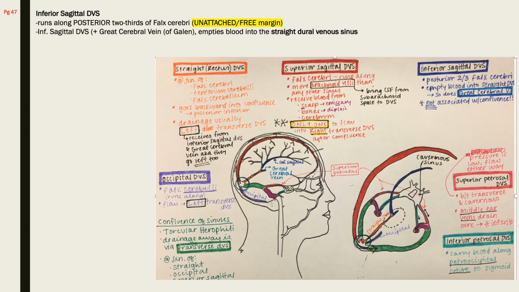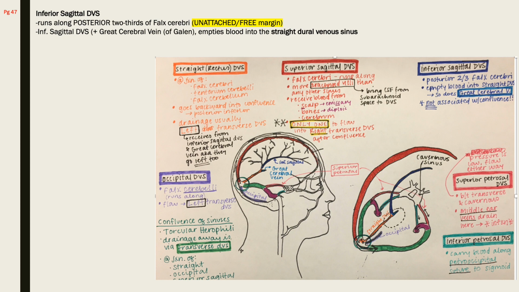When I think about the dural venous sinuses from the confluence up, I picture putting your fingers at the front of the forehead of this person in the diagram, where the superior sagittal dural venous sinus starts, and running your fingers back and down. That's the flow of how it goes. So everything is going back to the confluence.